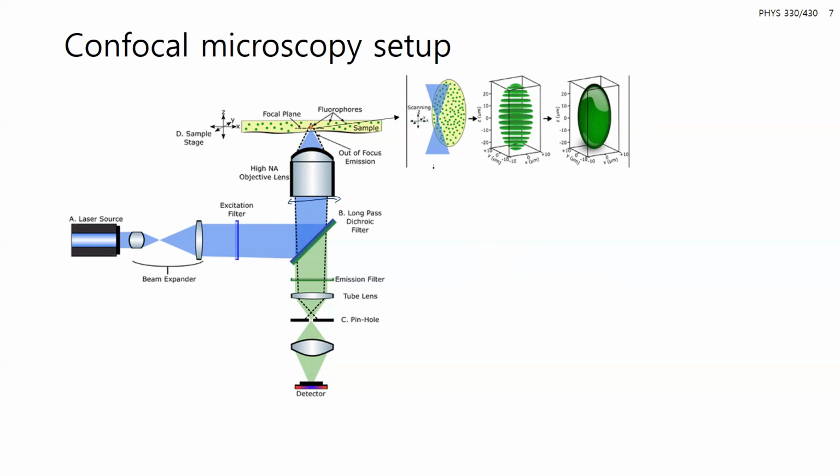So with confocal microscopes, you're going to have a point excitation source that's diffraction limited, about 250 nanometers in diameter, about a micron in height. Then the intensity from those fluorophores entering the volume will pass back through the objective and through your dichroic.